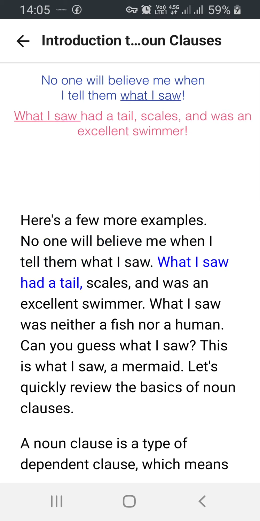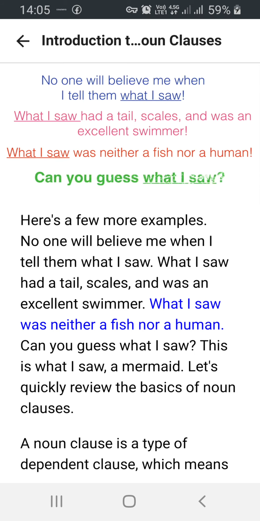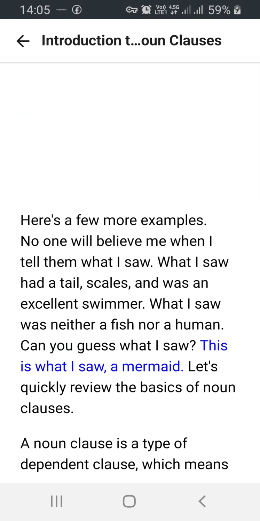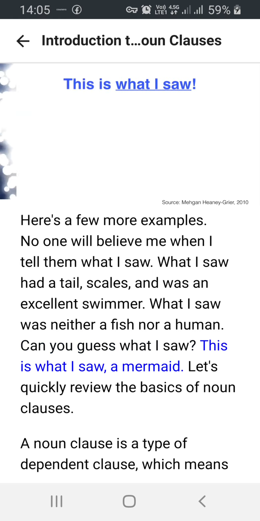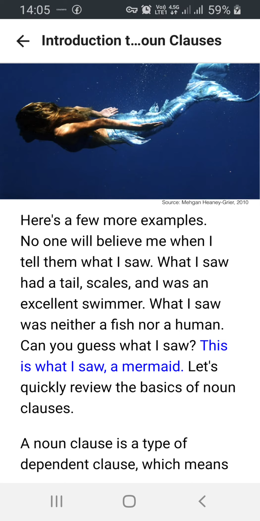What I saw had a tail, scales, and was an excellent swimmer. What I saw was neither a fish nor a human. Can you guess what I saw? This is what I saw. A mermaid.